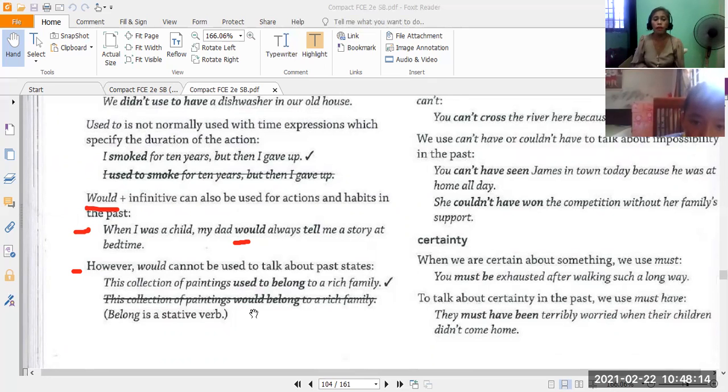So the right sentence is, this collection of paintings used to belong to a rich family. You will use used to instead of would. Do not use would with the word belong. You understand, Keo? Yes. Okay.